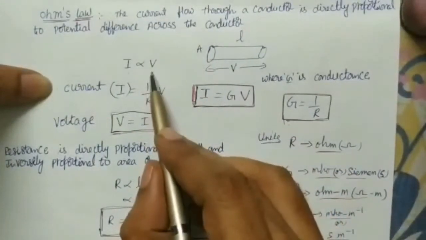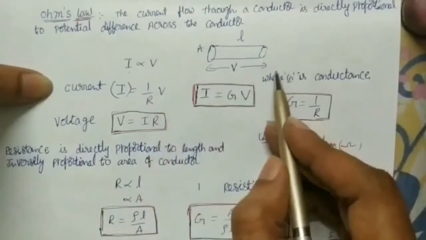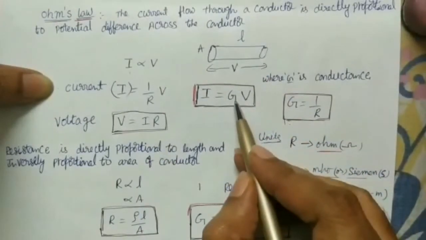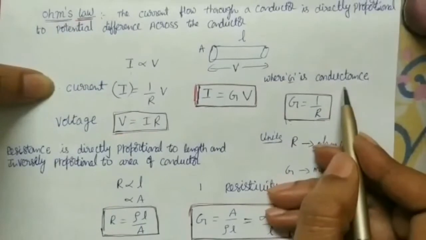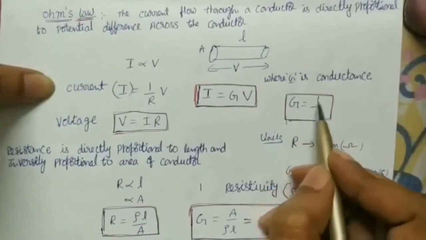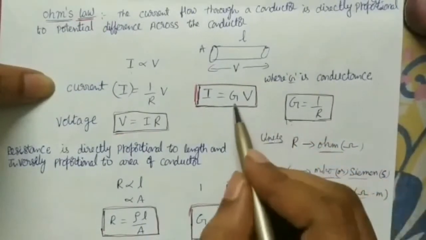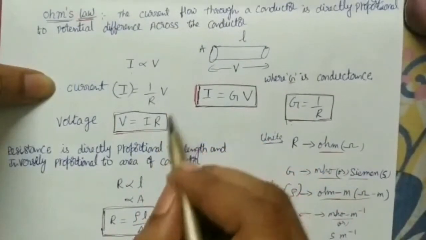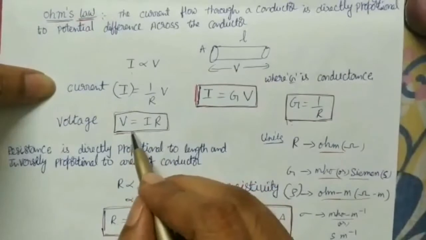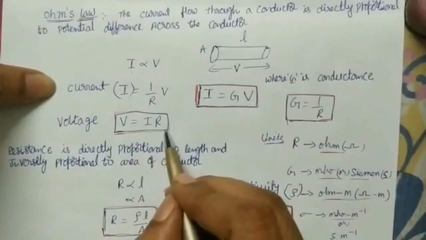To remove that proportionality, they use a constant, G. G is called conductance. The reciprocal of conductance is called resistance. That's why in place of G you can take 1 by R. So I is equal to 1 by R into V, so V is equal to IR. This is Ohm's formula. V is equal to IR.